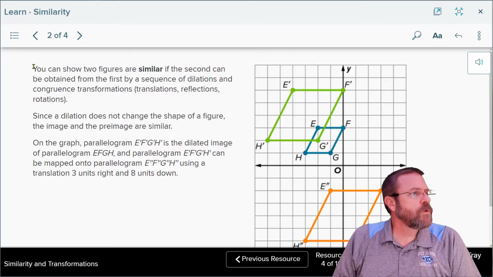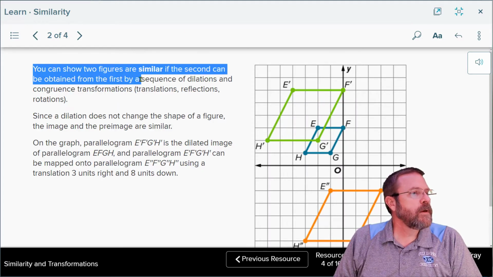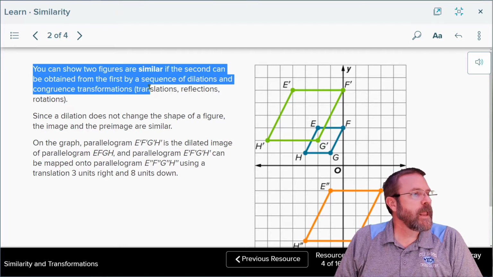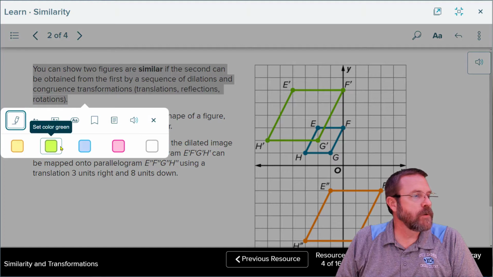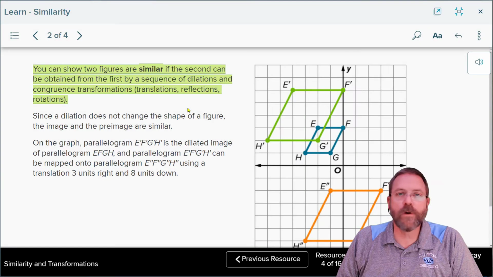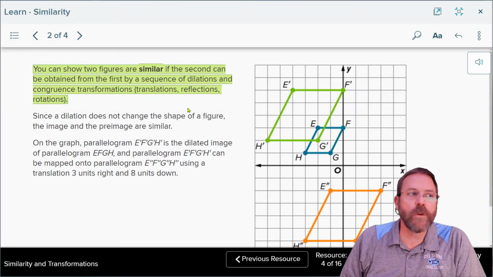Now, you can show that 2 figures are similar if the second can be attained from the first by a sequence of dilations and congruence transformations, such as translations, reflections, and rotations. There's a vocab term. I think that's the longest definition of a vocab word we've had all year.